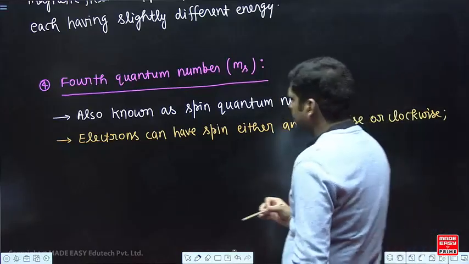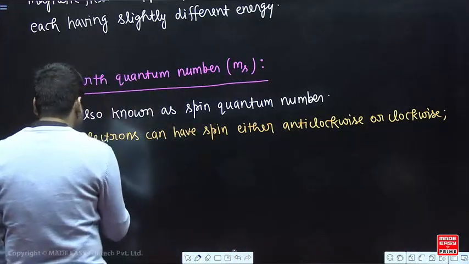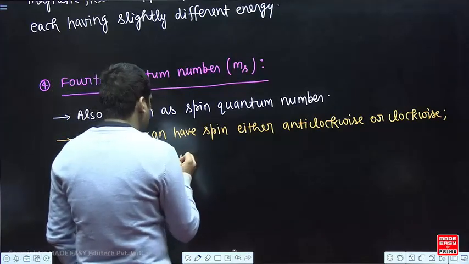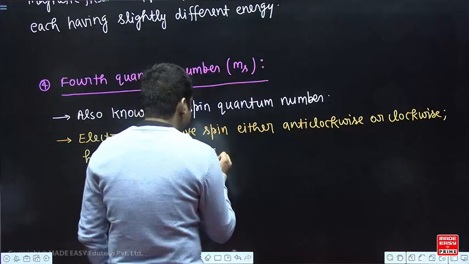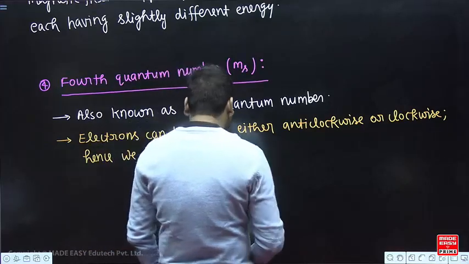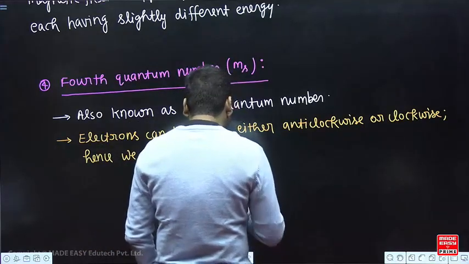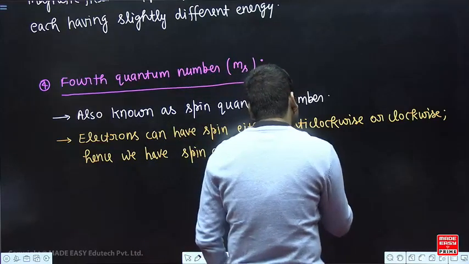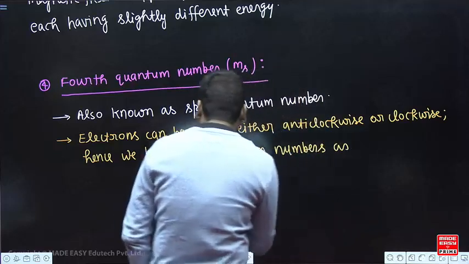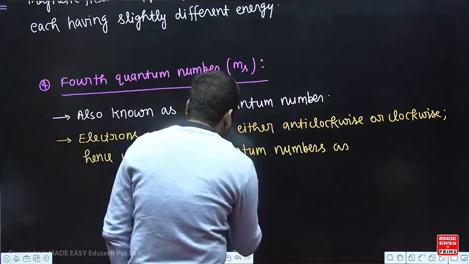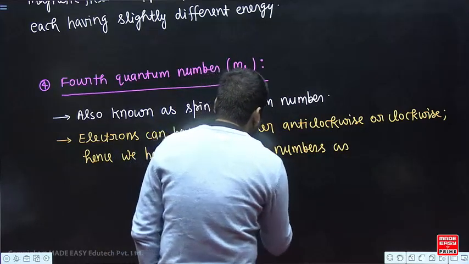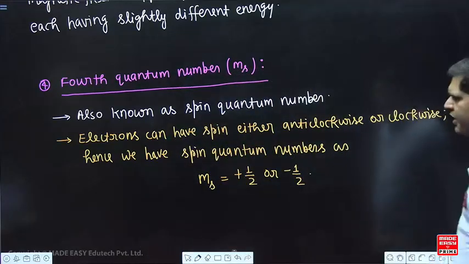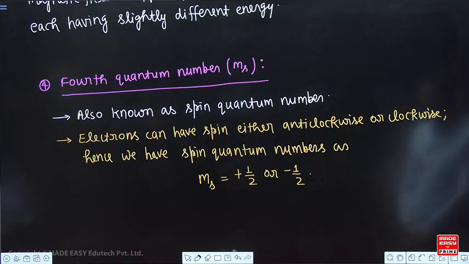Hence we have spin quantum numbers as ms plus half, suppose for anti-clockwise, then minus half for clockwise. So we can have only 2 choices for the spin quantum number.